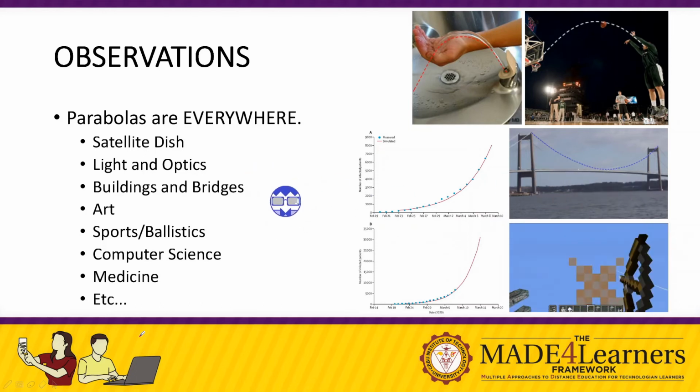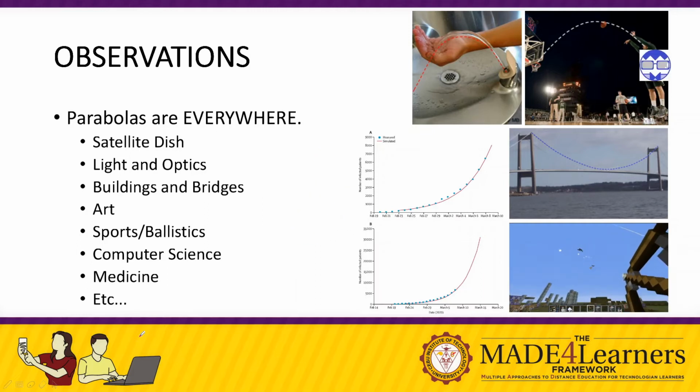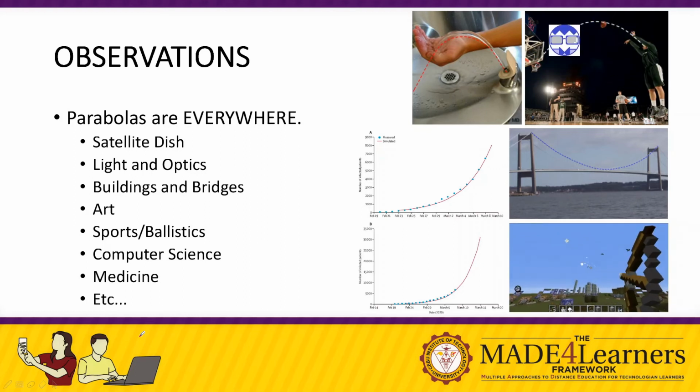It's the parabola. In arts, we have symmetries, so there are many forms of art that use this curve. Sports and ballistics, it's very obvious, especially in basketball. It's like here, it's a parabola.